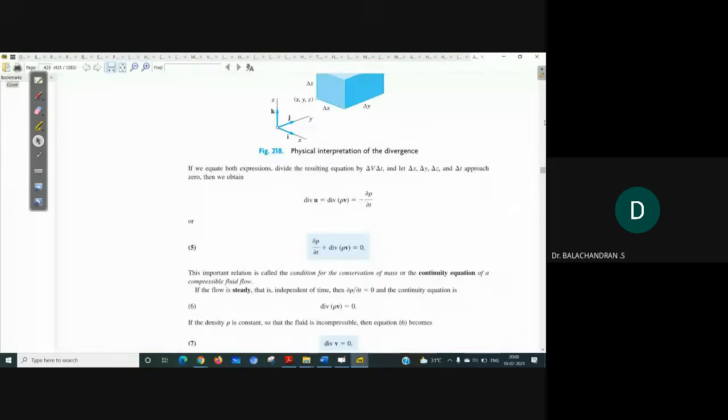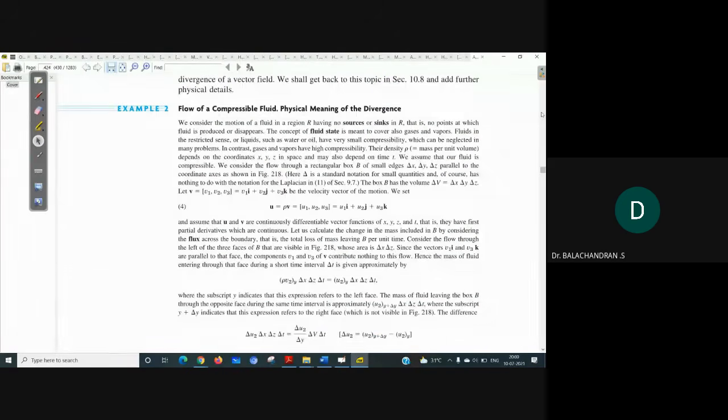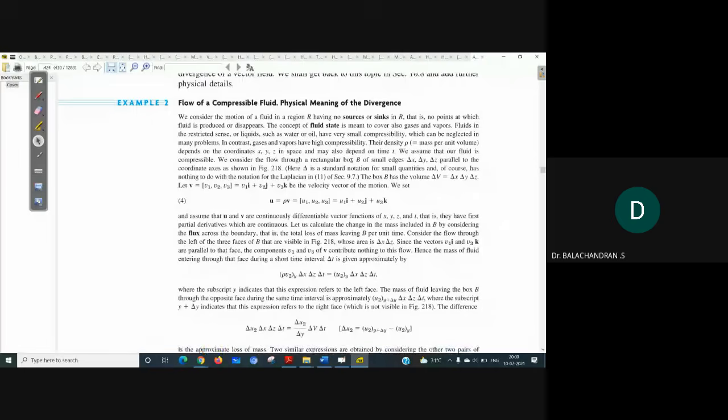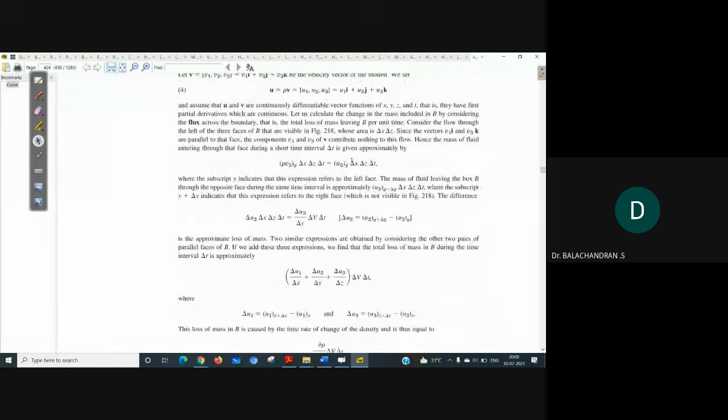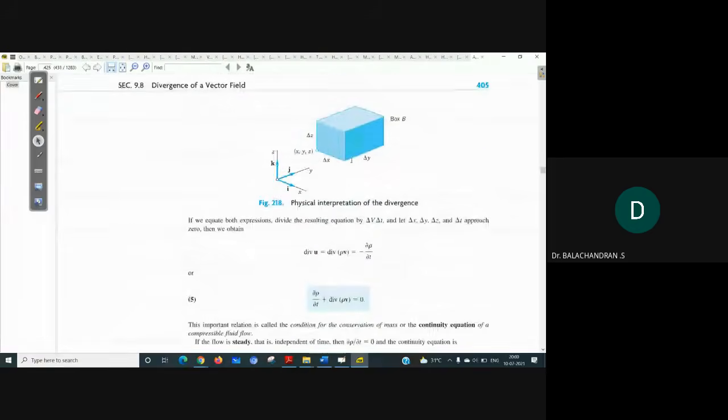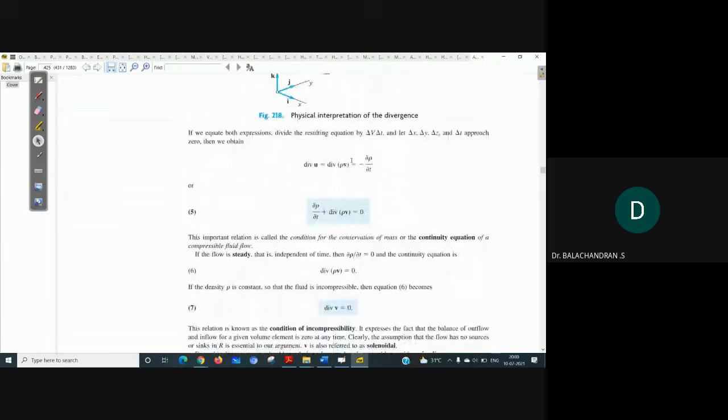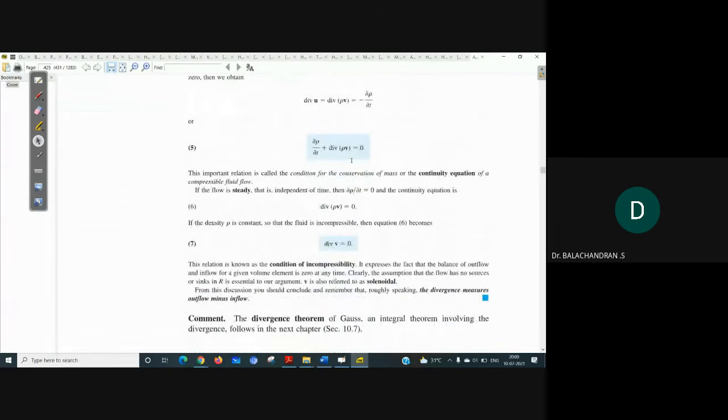Finally here they gave the derivation only, and they proved divergence of V equal to 0. That is the relation, the condition of incompressibility.